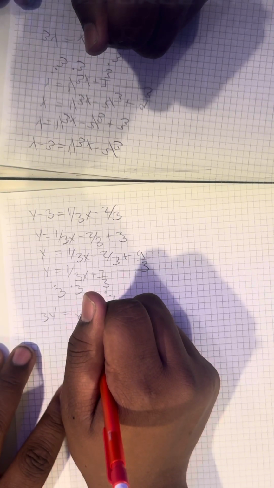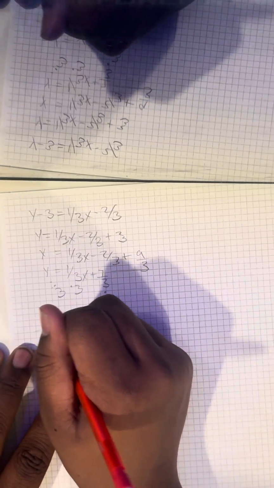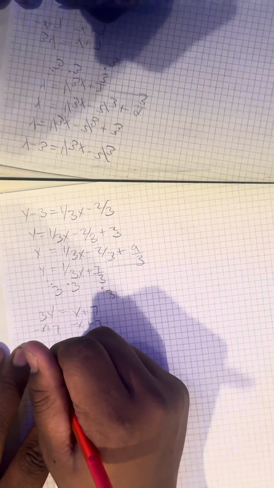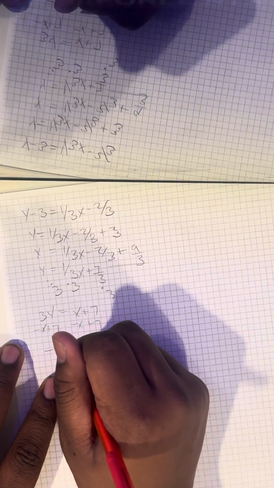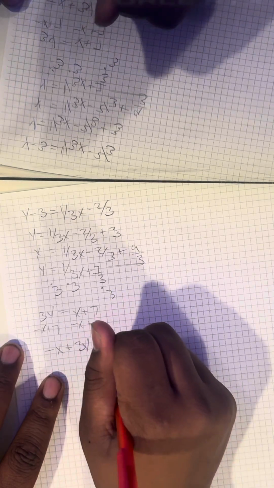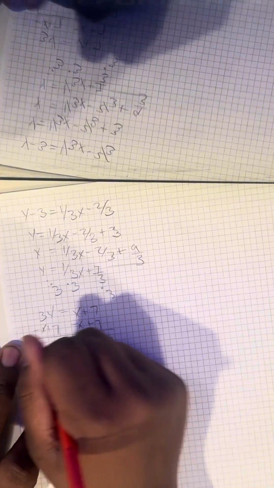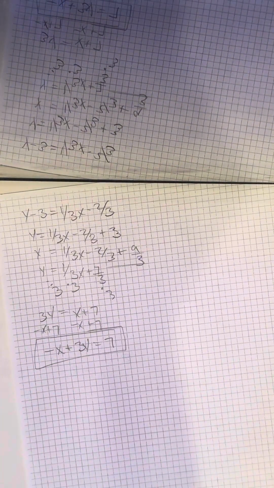I'm going to subtract x from both sides, so zero is left on that side. And this would be our answer: negative x plus 3y equals 7.